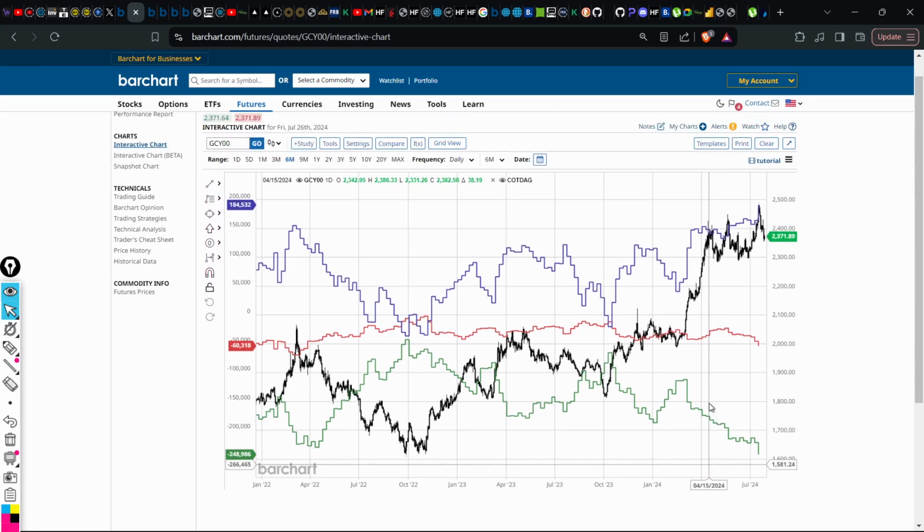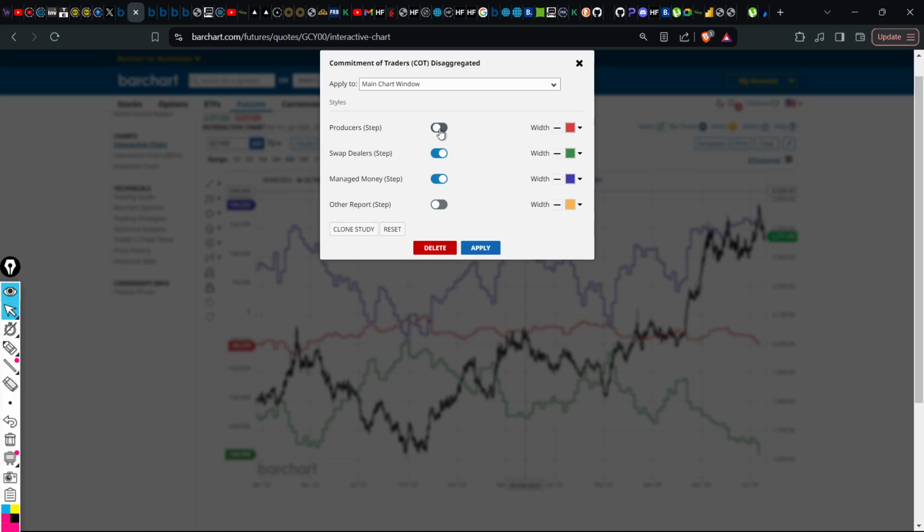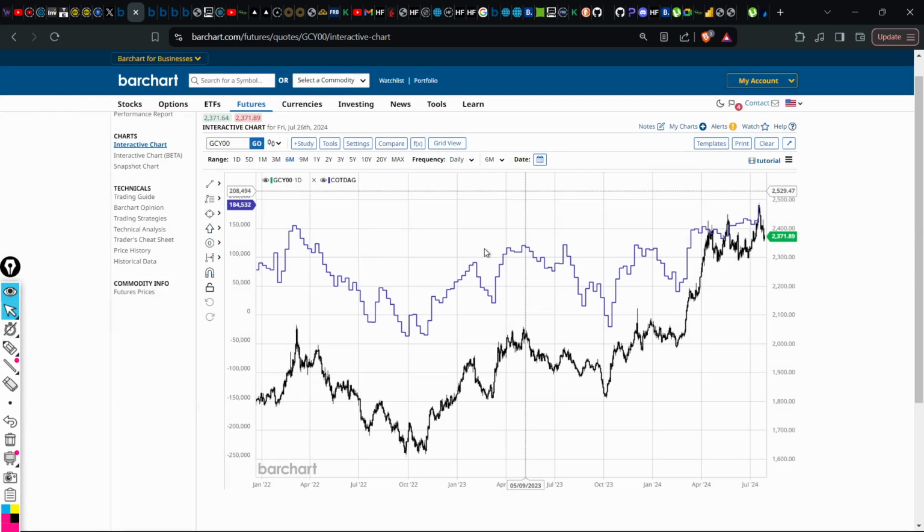And as you can see, let's now hide some of them. Let's hide the producers and the swap dealers for a bit. Apply. So now you can see, these are managed money.